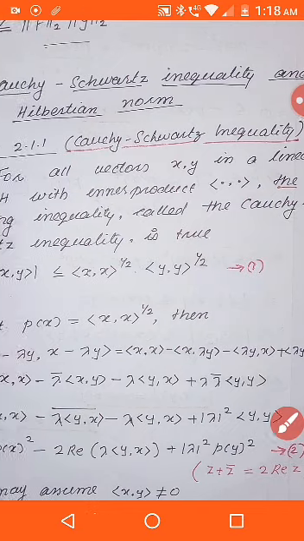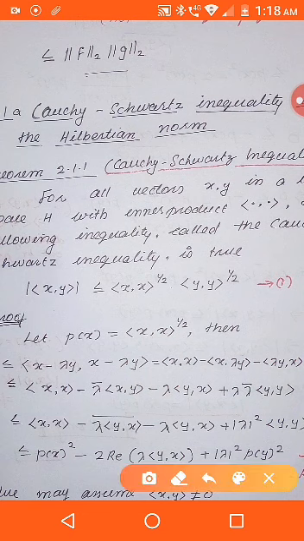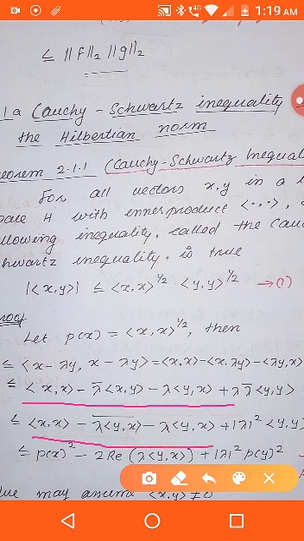So this is of the form inner product of x, x minus lambda conjugate inner product of x, y minus lambda inner product of y, x, which can be written like this: inner product of x, x minus lambda inner product of y, x whole conjugate minus lambda into inner product of y, x.